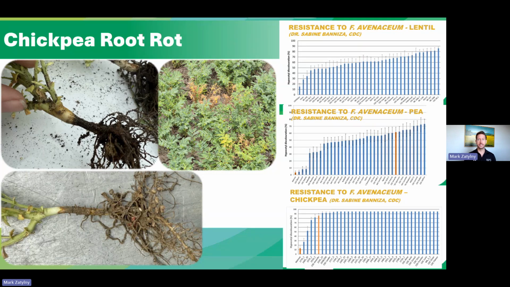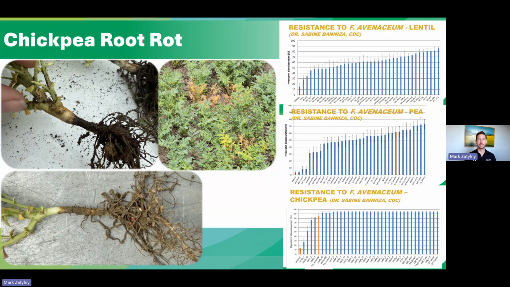The graphs on the right here are showing some testing by Dr. Benitza that she did at the CDC, looking at pea, lentil, and chickpea Fusarium resistance across various varieties and breeding lines. As you can see in the pea and lentil at the top and middle, there was a more linear response of how much discoloration they showed across varieties.